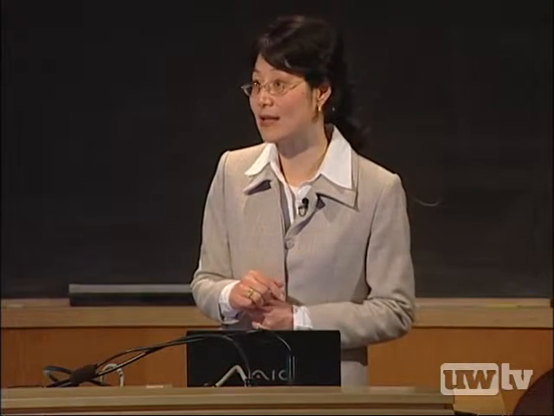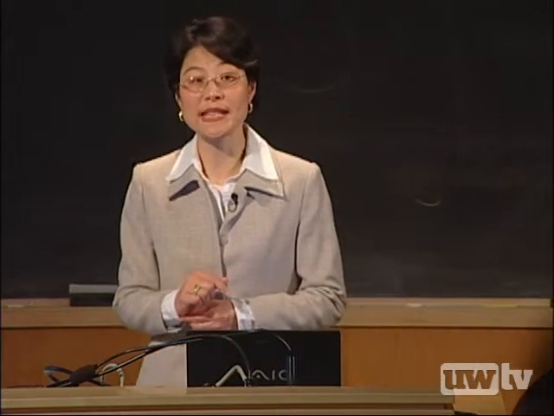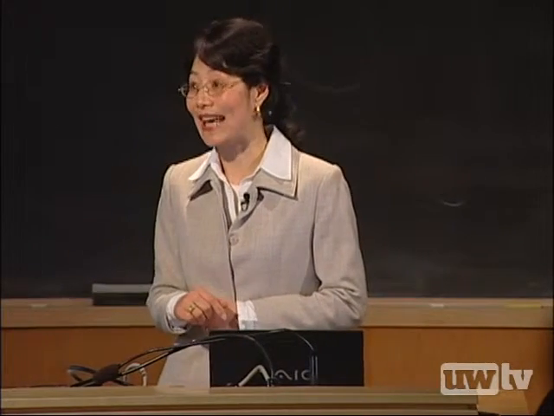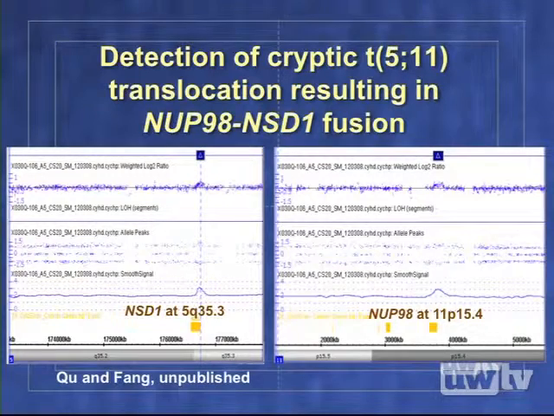However, I wanted to mention that half of what appear to be balanced translocations are not really balanced. Oftentimes you will see very small submicroscopic deletions or gains associated at the breakpoint of those balanced translocations.